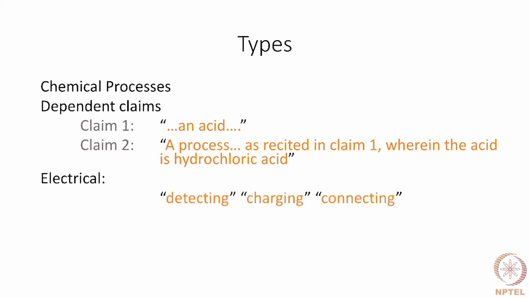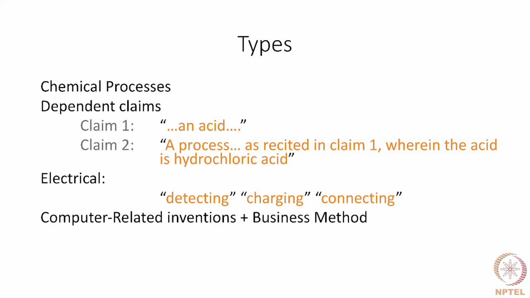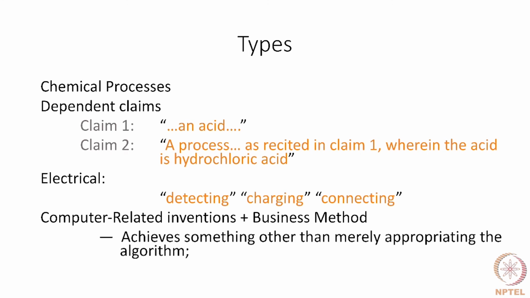In electrical claims, commonly used words for describing a process will be detecting, charging, connecting, and other such words which you would come across amongst electrical inventions. In computer related inventions and business methods, in India, as far as they achieve something other than merely appropriating the algorithm, the claims can be granted.